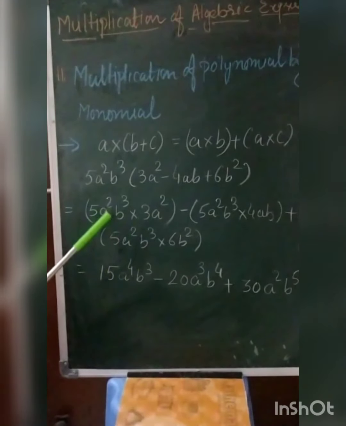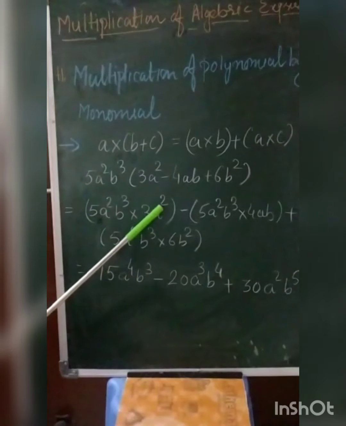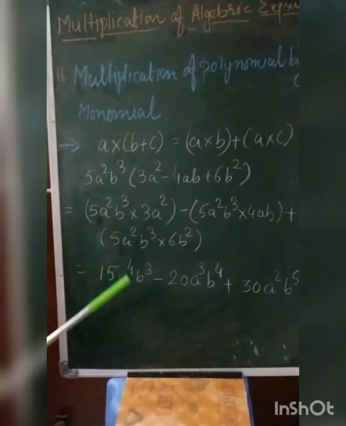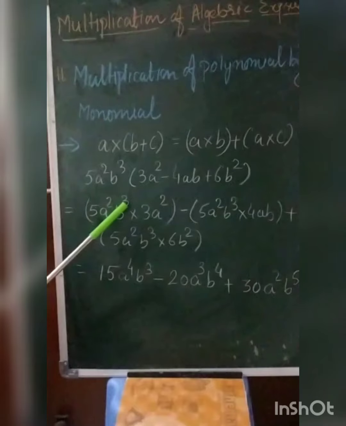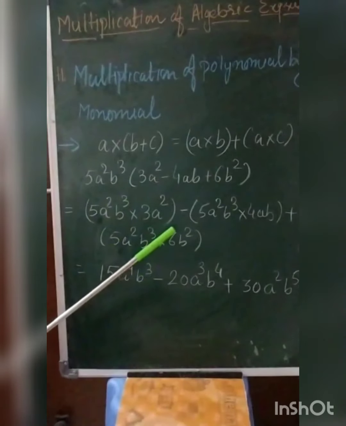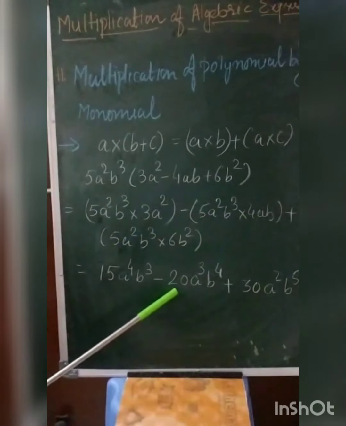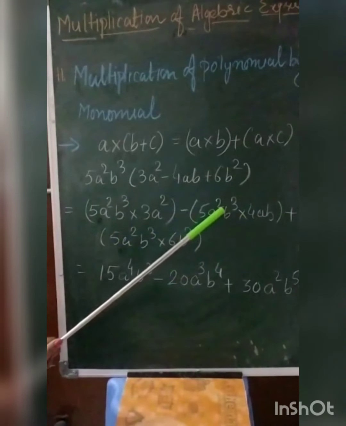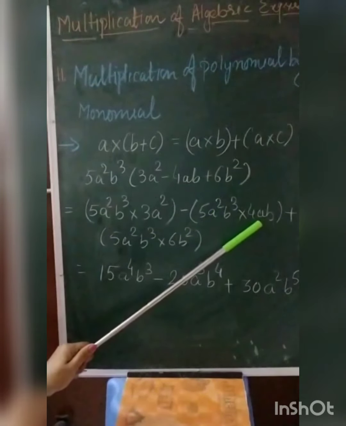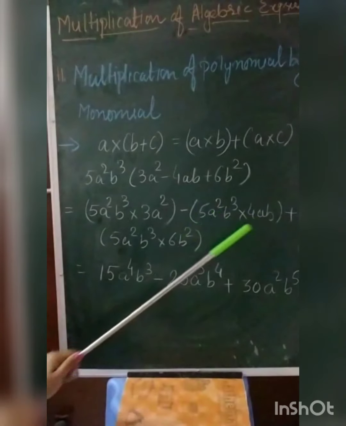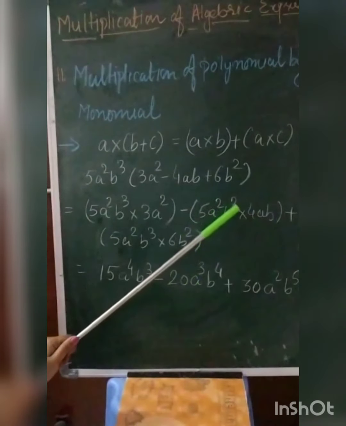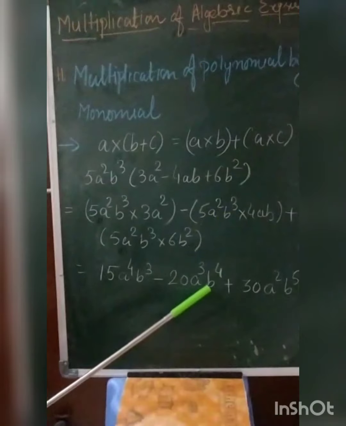Now a, here a square is there and here also a square is there. So it will be a to the power 4 and b cube. Then minus sign will be there. 5 4s are 20 and then a to the power 2, and here also a is there. So it will be a to the power 3 and b to the power 4.